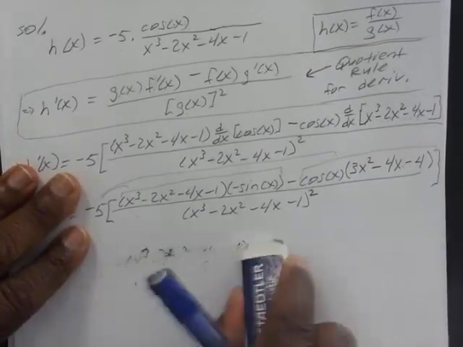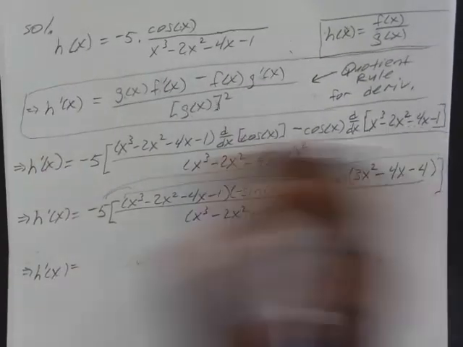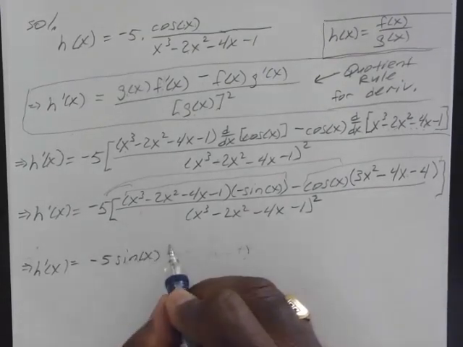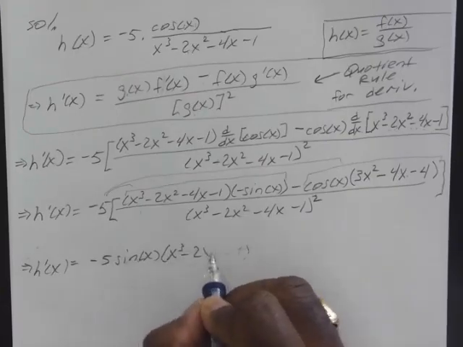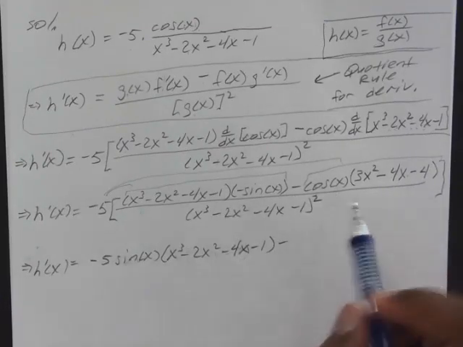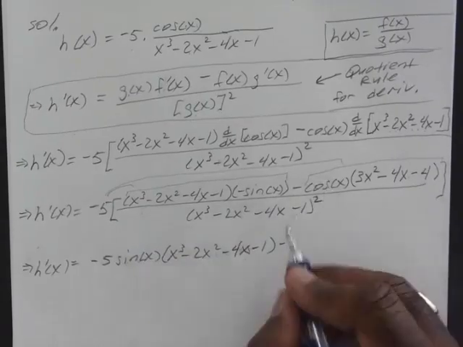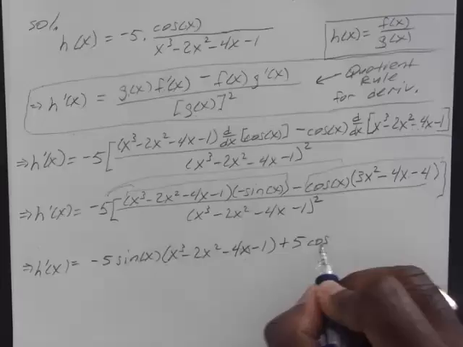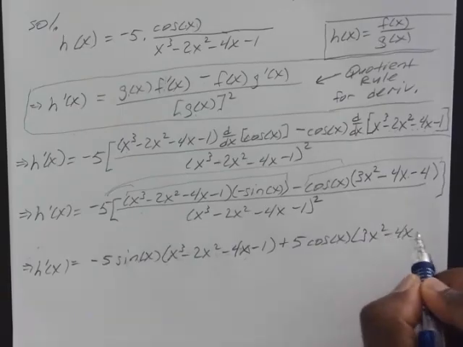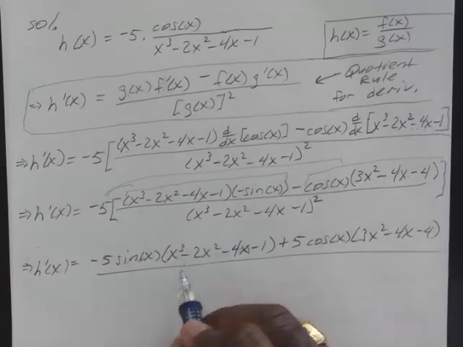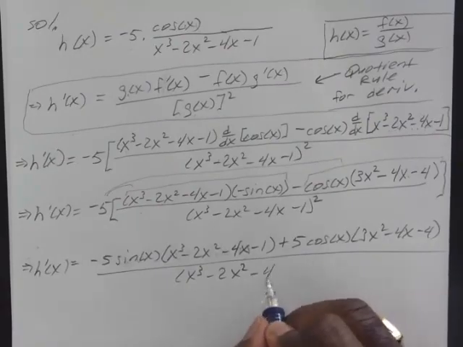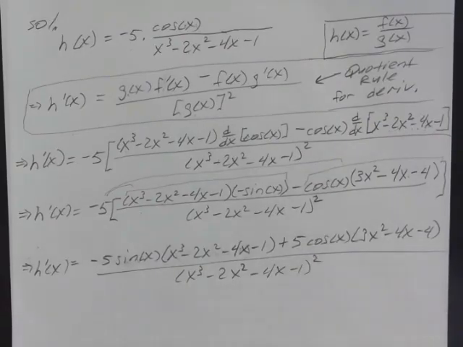Let me just erase that instead of trying to squeeze it in there. So -5 sine of x times x to the third power minus 2x squared minus 4x minus 1, minus, distribute that -5, so that becomes plus 5 times cosine of x times 3x squared minus 4x minus 4, all divided by x to the third power minus 2x squared minus 4x minus 1 squared.